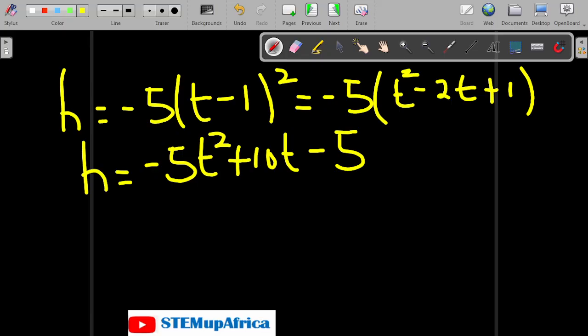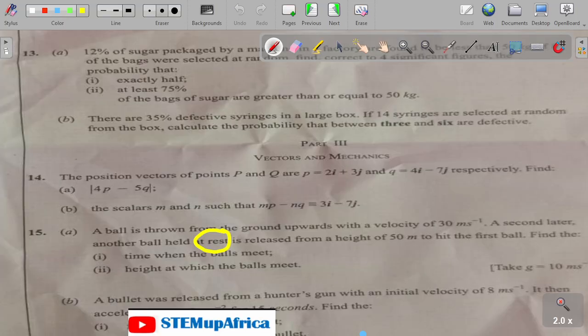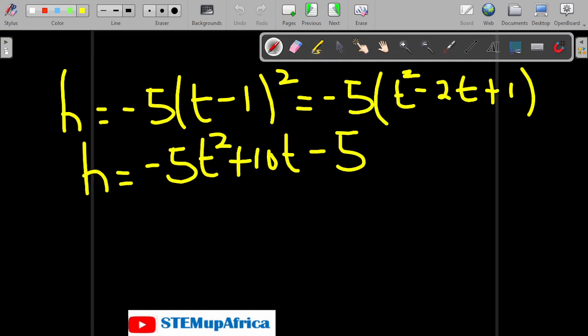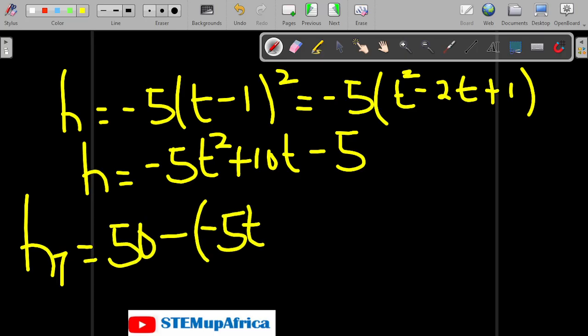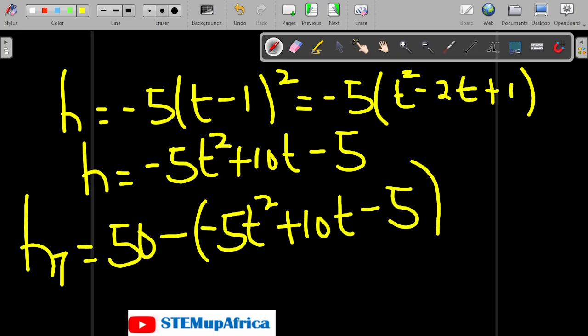But don't forget, the second ball was thrown from a height of 50 meters. So my total height now will be 50 minus 5t squared plus 10t minus 5. So let the minus go through.